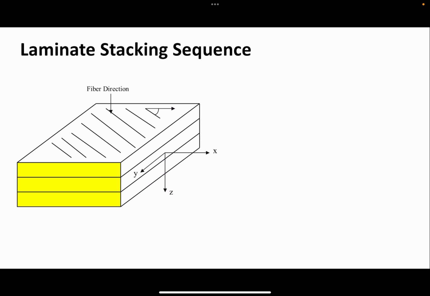So they all have a difference of 30 degrees, or you can use 30, 60, 90. So some combination with 3 different orientations which have the same difference between them. That very strangely exhibits isotropic properties in the extensional stiffness parameters.